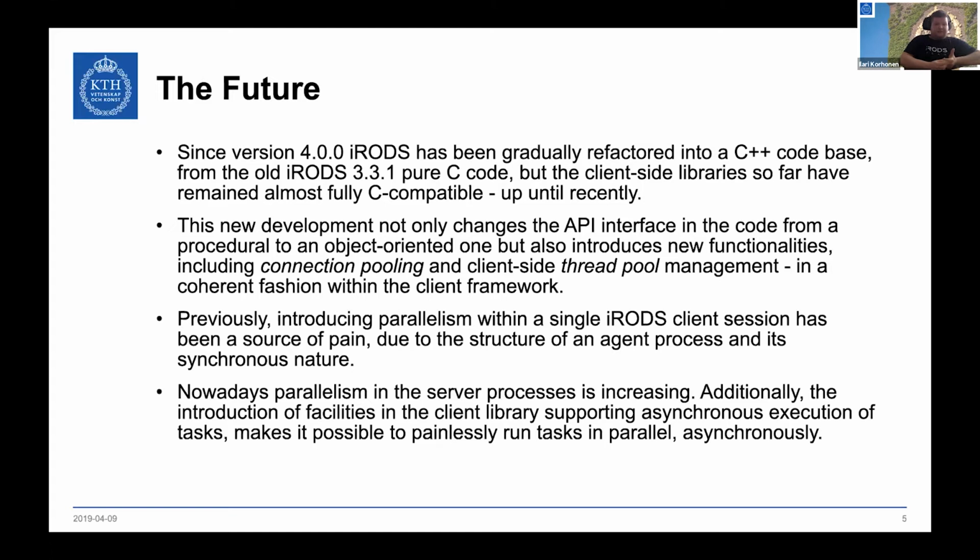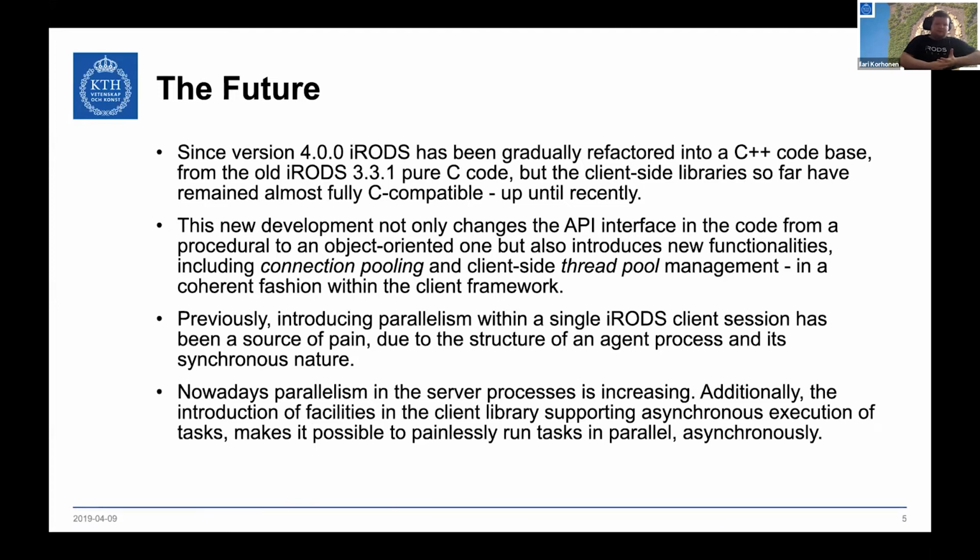And the really cool things are that now we can do things like connection pooling out of the box. And there's also a nice little thread pool management class that's built into the library, which is basically coming from Boost.